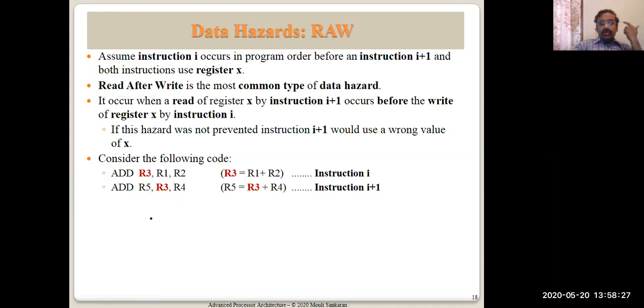I want you guys to think. Either I want the value from R3, in which case I need to wait till this instruction completes writing into R3, or I am happy if you give me whatever was computed, give it to me directly. I proceed with my values, I execute it, I don't have an issue.